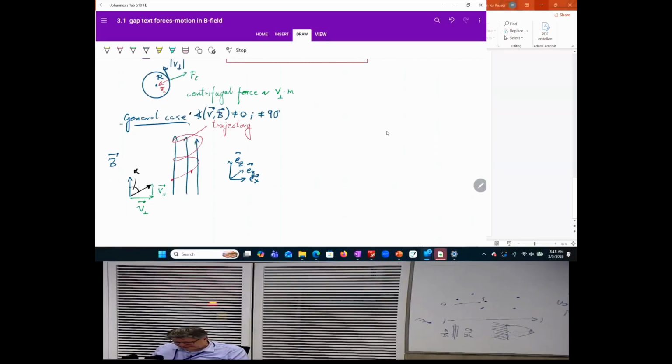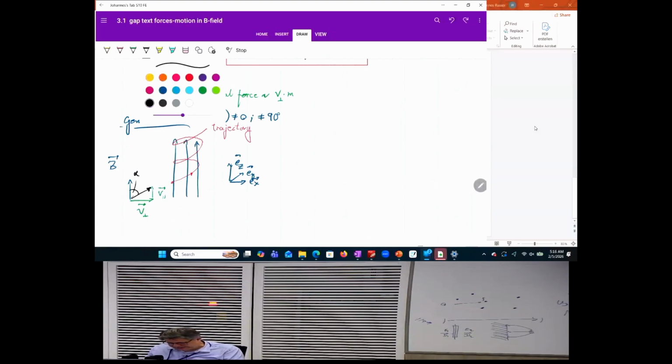If you are at alpha 90 degrees, you're purely in the plane, and you just circle along a circle with constant radius. And if you have an angle alpha equal to 0, then you just go straight parallel along the field lines.